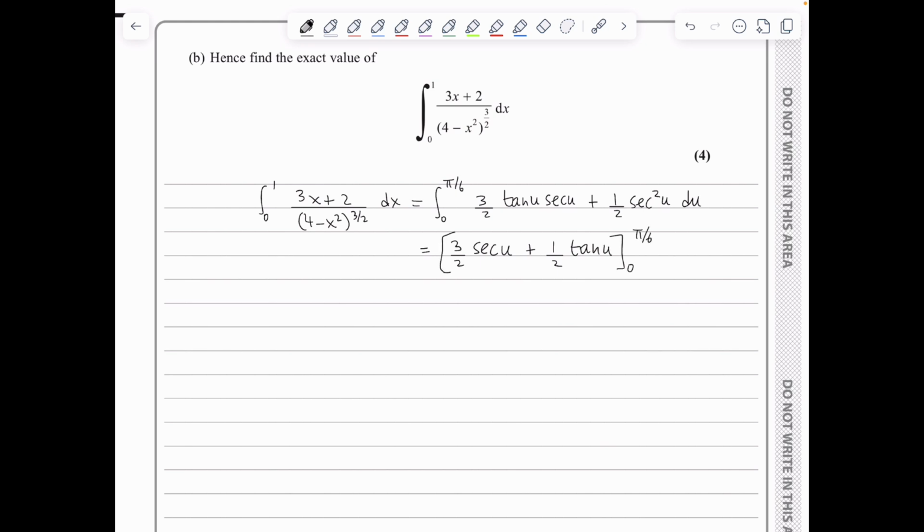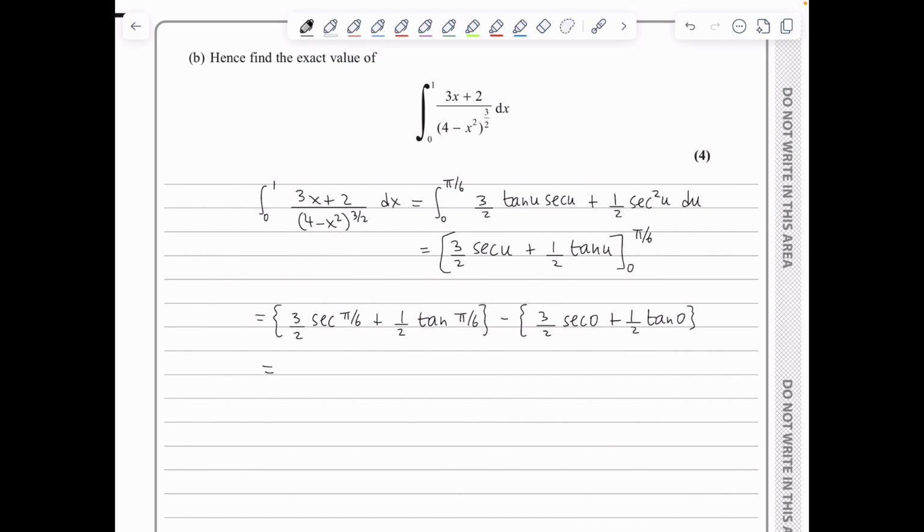So I will start by substituting the upper limit of pi over 6. So this is 3 over 2 sec of pi over 6 plus a half tan of pi over 6. And I will be deducting the lower limit substituted, which is going to be 3 over 2 sec of 0 plus a half tan of 0. So let's see what we get here.